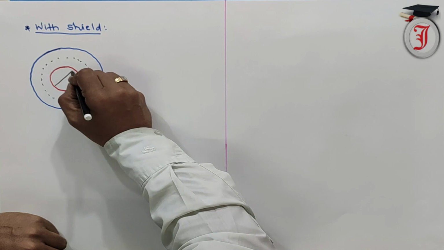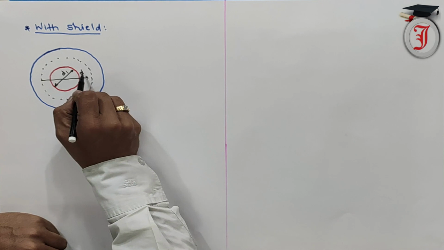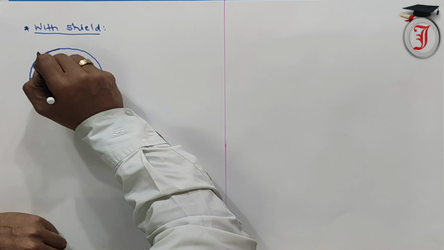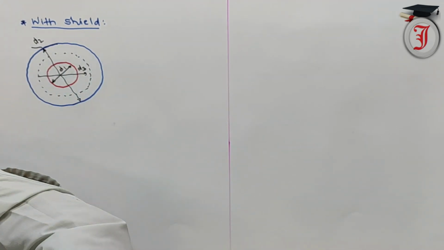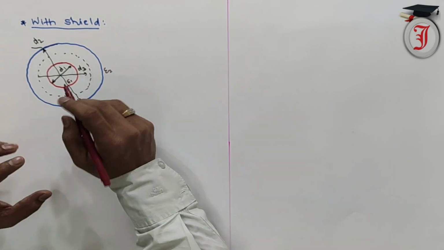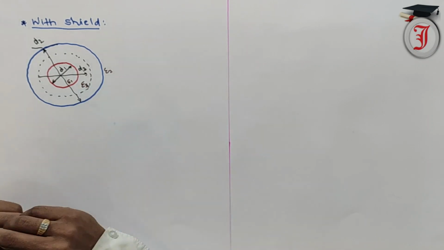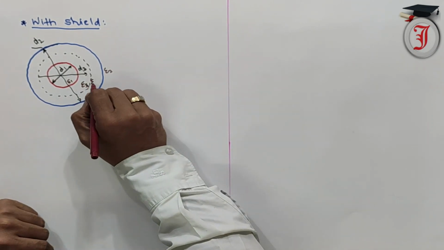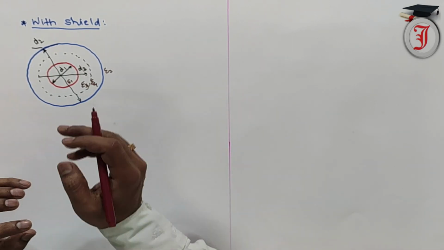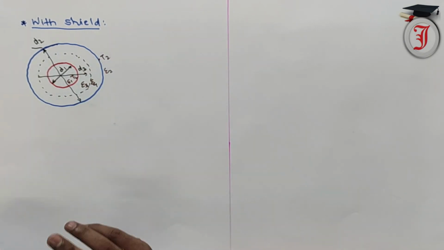So this is D1, this diameter is D3, and this diameter is D2. We have to calculate the rate of heat transfer. This is epsilon 1, this is epsilon 2, and for the radiation shield the inner surface emissivity is different, so let us assume it as epsilon 3, and the outer surface emissivity as epsilon 4. This is the T1 temperature, and the T2 temperature is also given here.